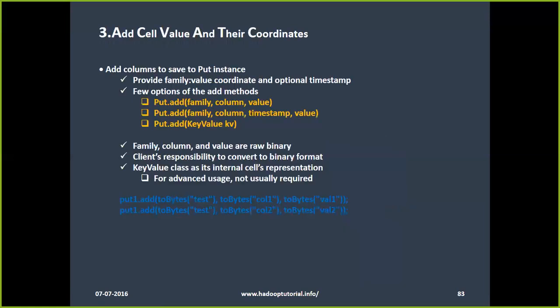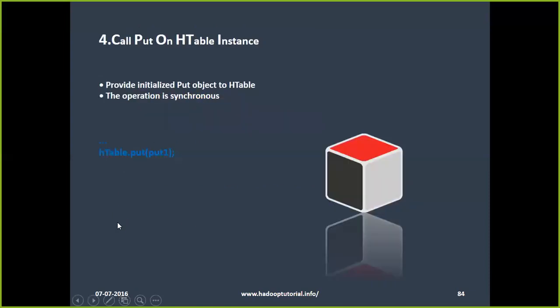Once I have added all these things to the put object, put1, I pass it into the HTable instance's put method, and this will insert that one row.